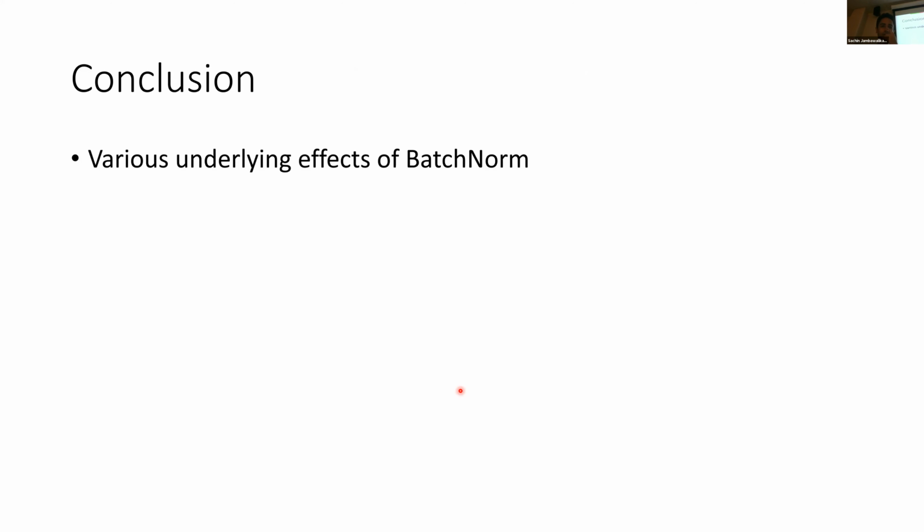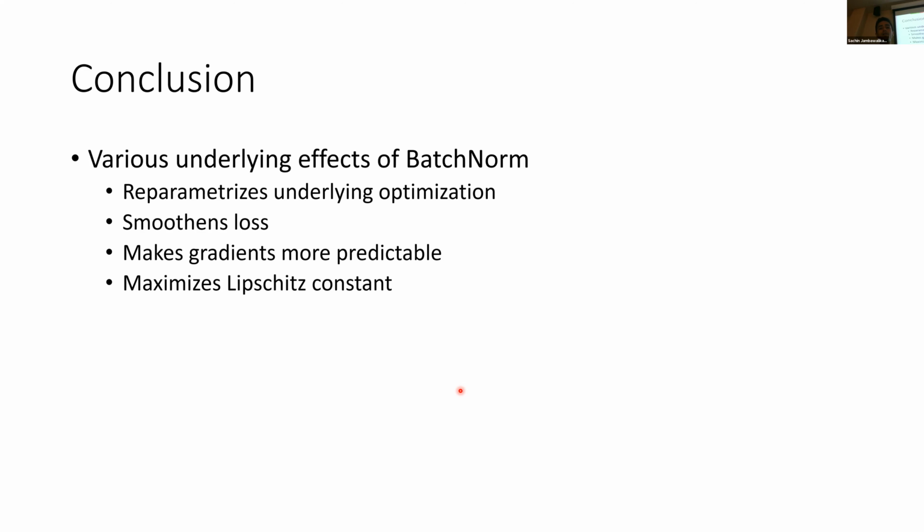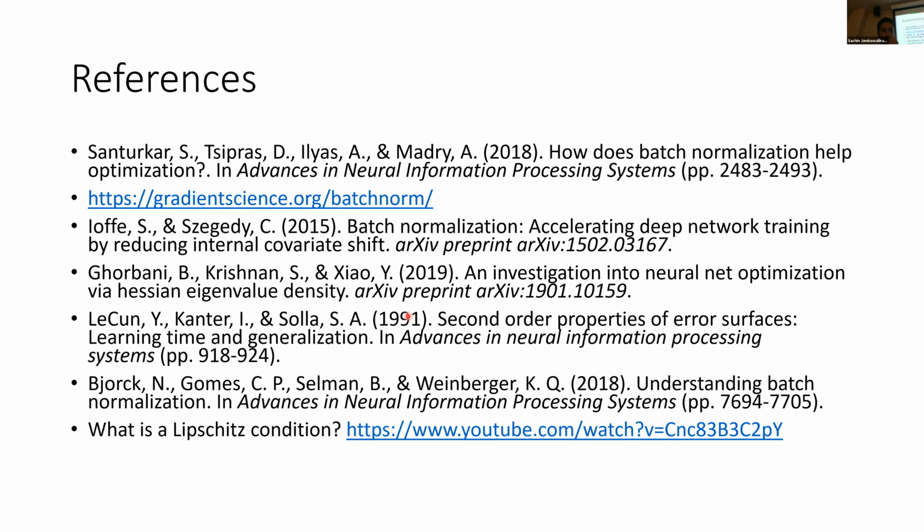In conclusion, we find various underlying effects of batch norm, that the reparameterization due to scale and shift eventually affects the optimization and smoothens the loss. It also makes the gradients more predictable and maximizes Lipschitzness of the function, which in turn allows a higher learning rate and also controls the gradient shift problem, resulting in a faster optimization.